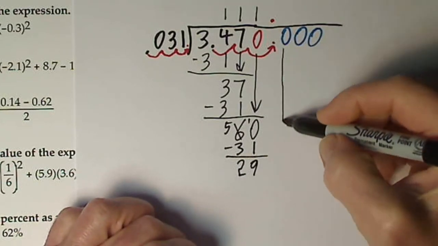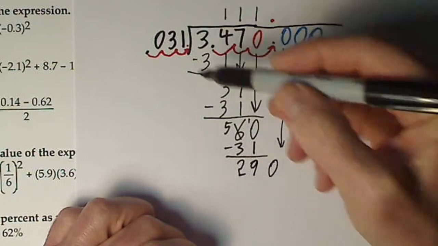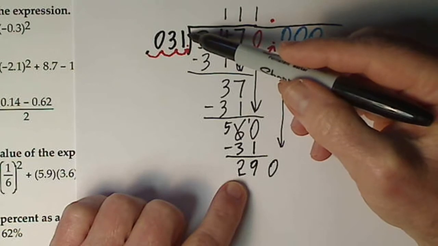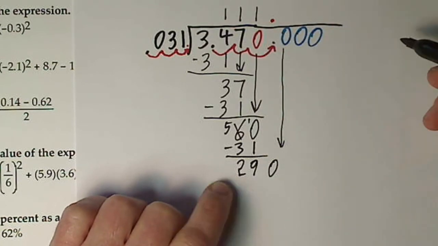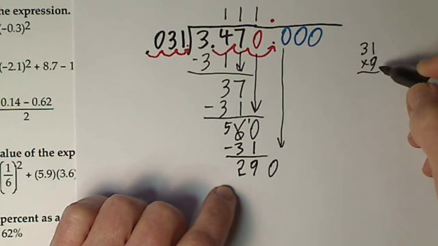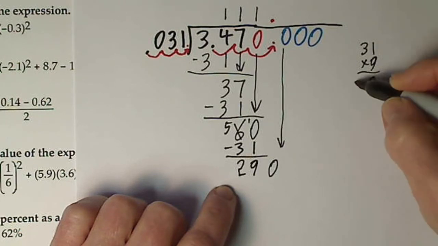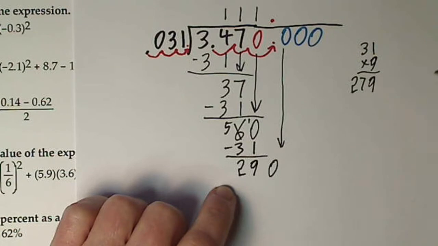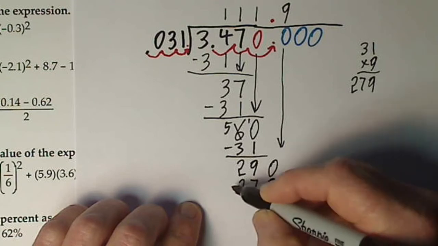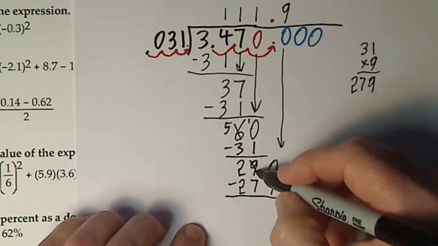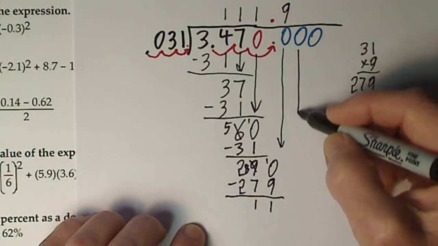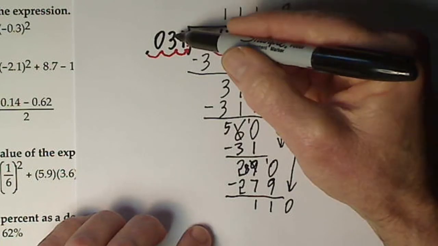So I bring down a 0. 31 into 290. 10 times 31 would be 310. So I'm going to try 9 times 31. So we'll do that over here. So that'd be 9, and 9 times 3 is 27, so that'll work. And there's our 1. Bring down your next digit. 110, 3, 6, 9.